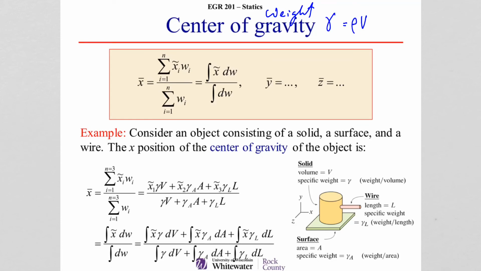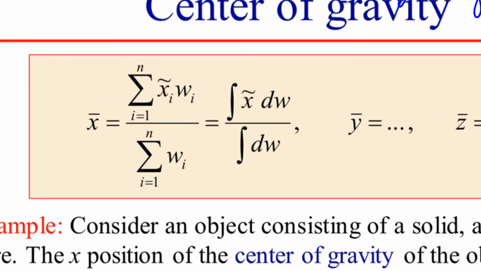So this gamma is our center of gravity. And again, the equation is very similar to what we've been using before. On the top, we have our x tilde or y tilde or z tilde, depending on which axis we're looking at for our center of gravity, divided by the overall weight of the overall system.